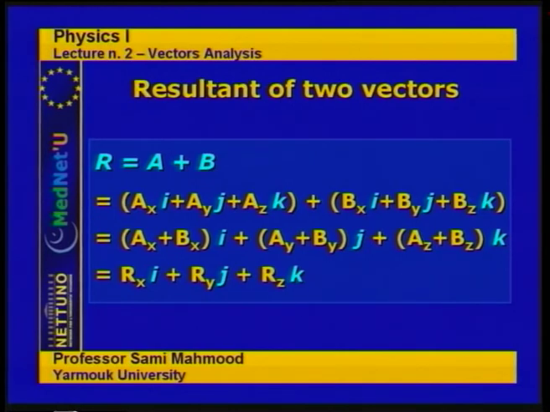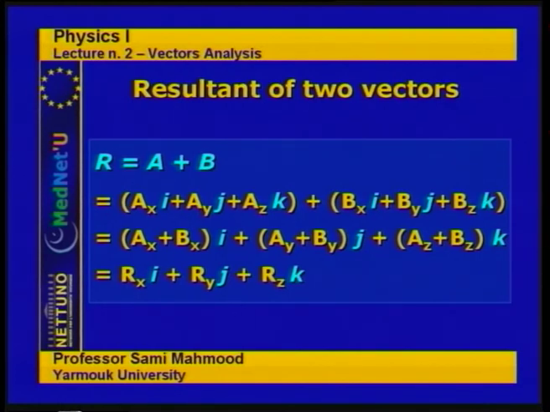The resultant, or the summation of two vectors using this analytical method, or using component vectors, is determined as follows. If we have, for example, two vectors to add, A plus B, the resultant is written as vector A in component form with its three components, plus vector B in component form with its three components. In adding, we add similar things together. We never add different things together.